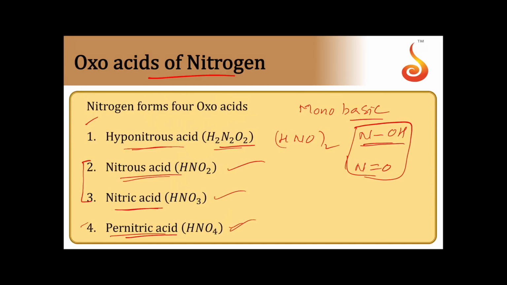So in all oxoacids of nitrogen we have one N-OH group and one N double bond O, except in the case of hyponitrous acid, H2N2O2.